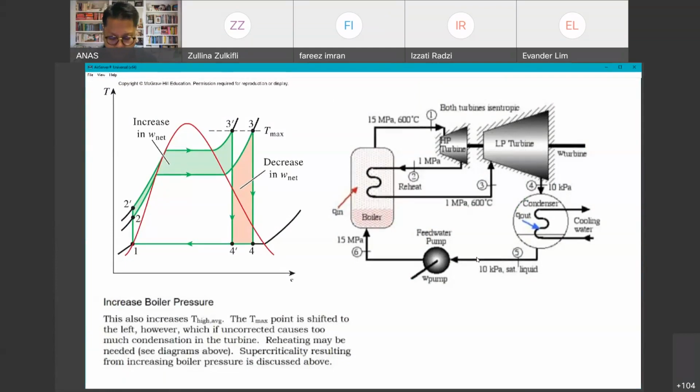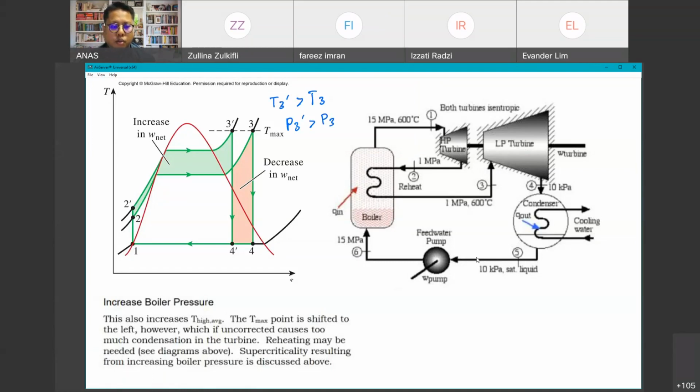This is regarding the increase of the boiler pressure from 3 to 3 prime. The temperature at 3 prime is higher than the temperature at 3, the original, and temperature corresponds to pressure. So P3 prime is also a higher pressure than the original 3.